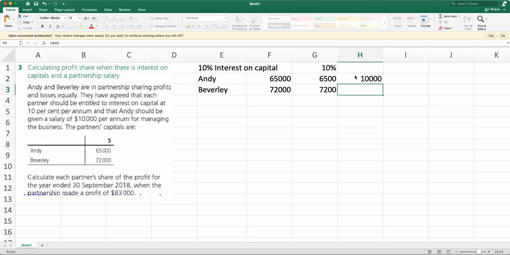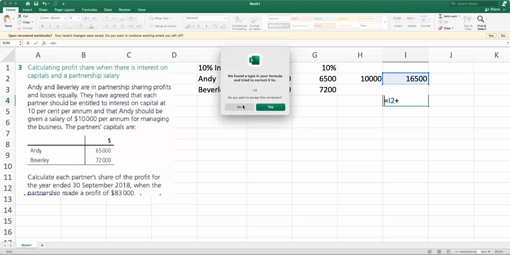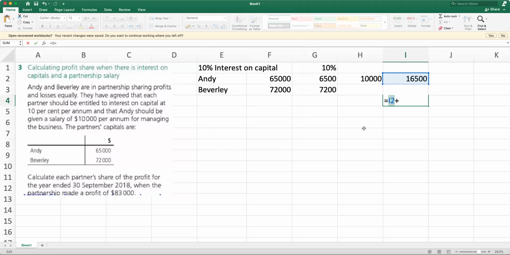So you can actually see how much is needed here. This is the amount that will be taken out of your profit prior to sharing. Yes, 23,700 will be taken out of profit.